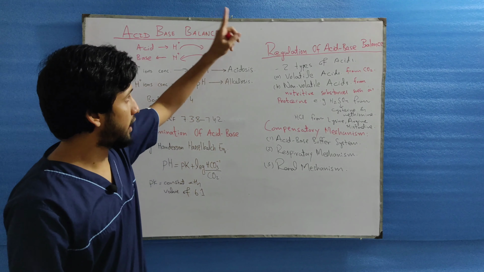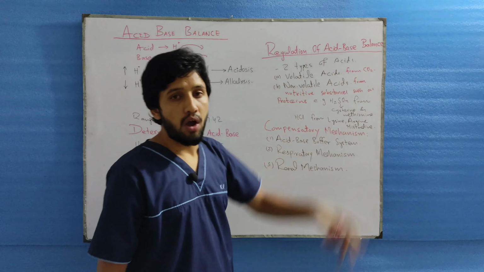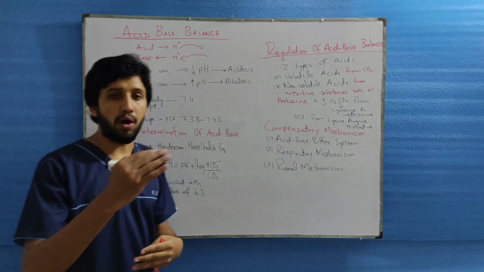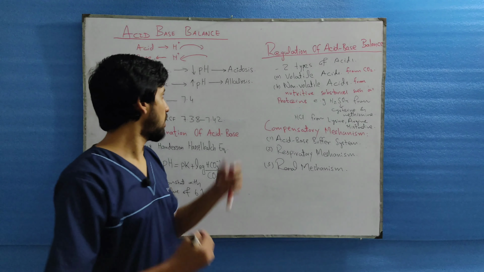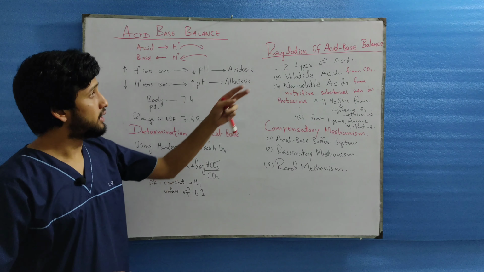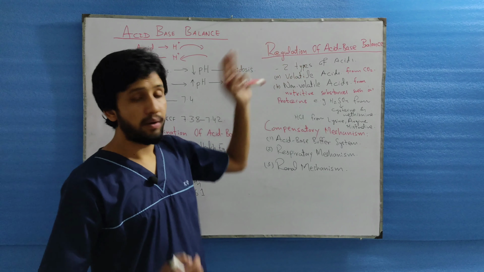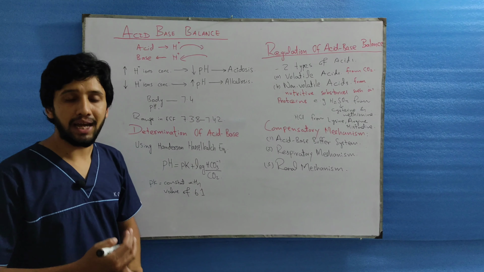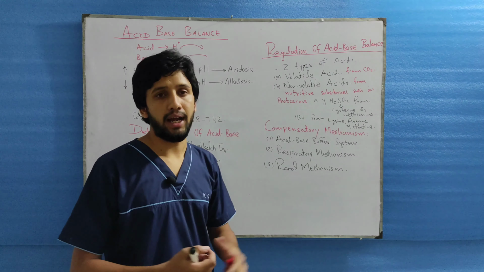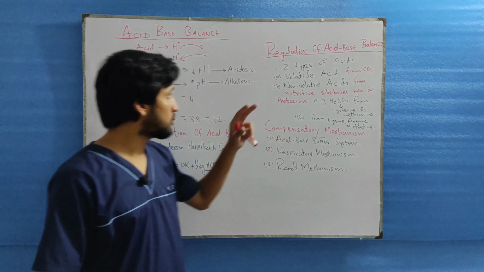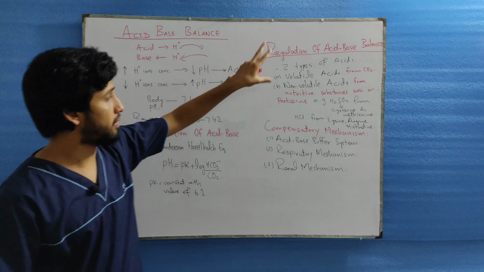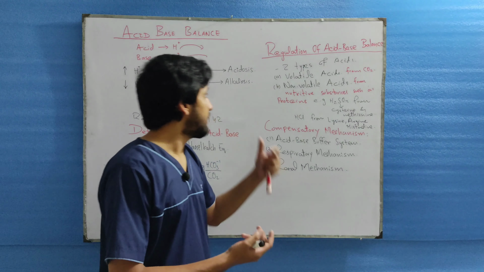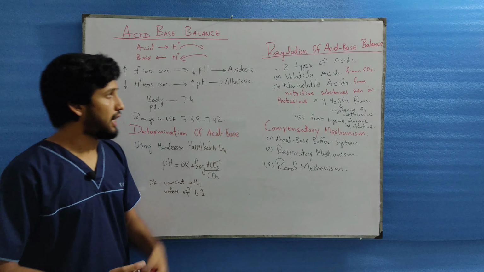Next is the regulation of acid-base balance. When there is an increased or decreased amount of acid, this is maintained through the renal mechanism, respiratory mechanism, and acid-base buffer system. Before that, we will discuss the two types of acid produced in our body: volatile acids and non-volatile acids.